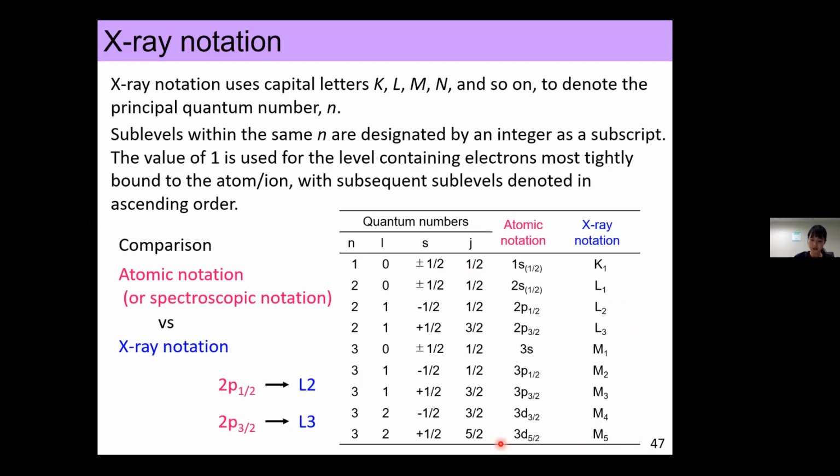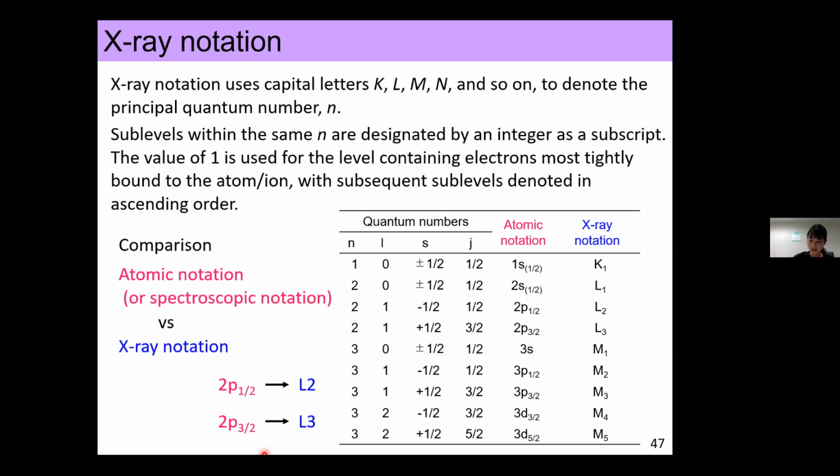So this table shows both atomic notation and X-ray notation and other quantum numbers. For example, 2p1/2 and 2p3/2 are the atomic notation.